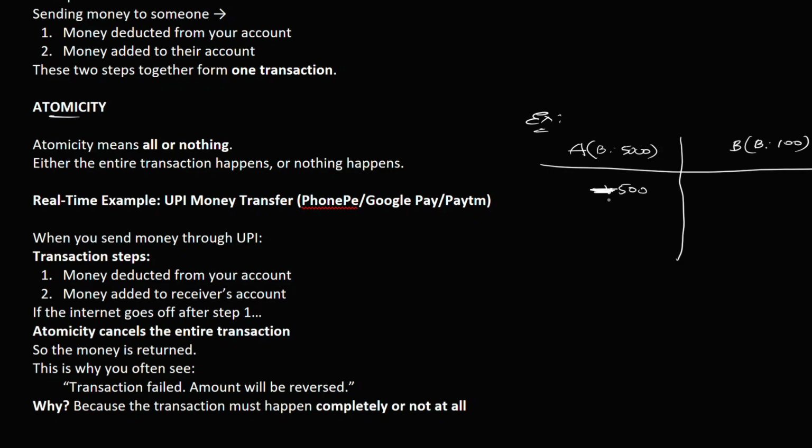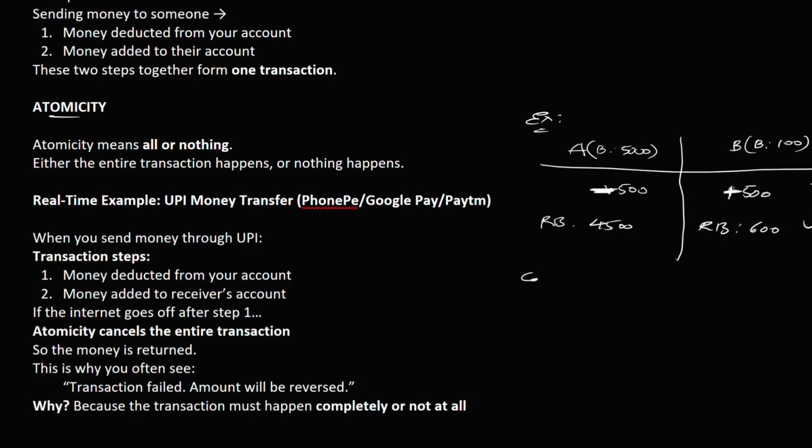After this money gets deducted from A's account, it will be added to B's account. The remaining balance should be 4,500, and B's balance is 600, right? So here the transaction is successful.